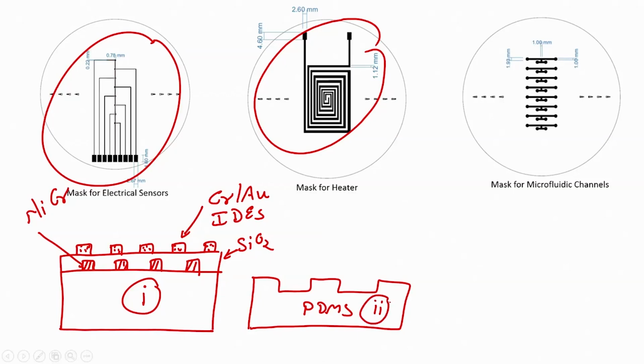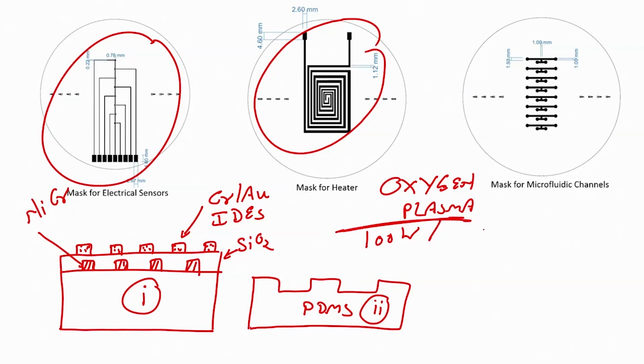Now, what I will do is I will perform the oxygen plasma technique, and after performing it I will stick PDMS to the glass. This is done at 100 watts, right, for a particular pressure of nitrogen or argon.